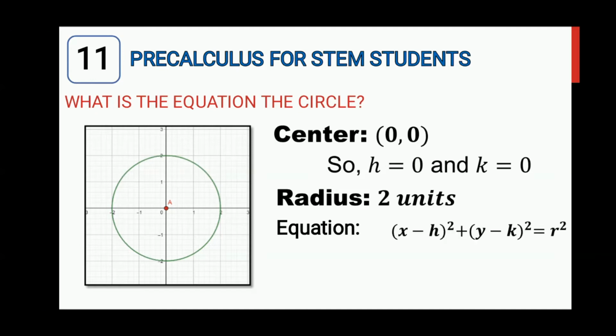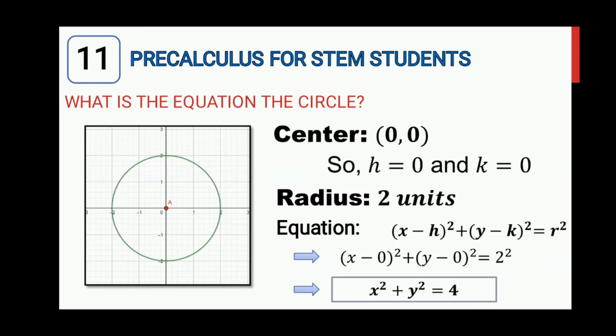So, substituting h, k, and r, we will have x minus 0 squared plus y minus 0 squared is equal to 2 squared. In simplified form, it becomes x squared plus y squared is equal to 4. And that is our equation.